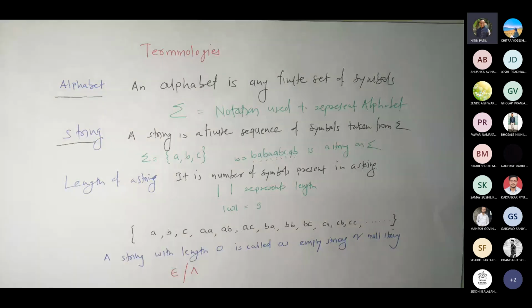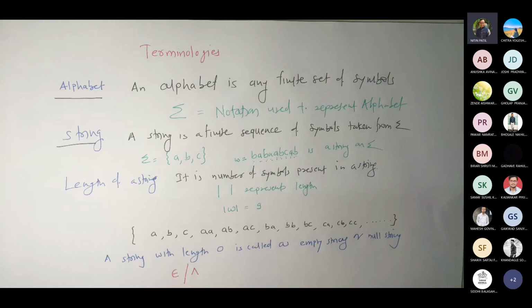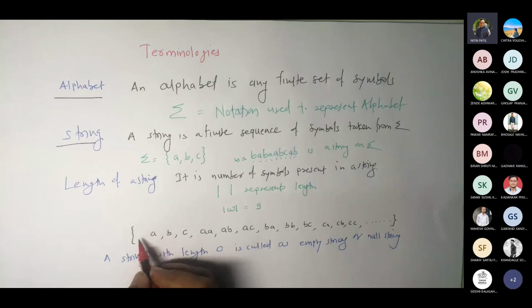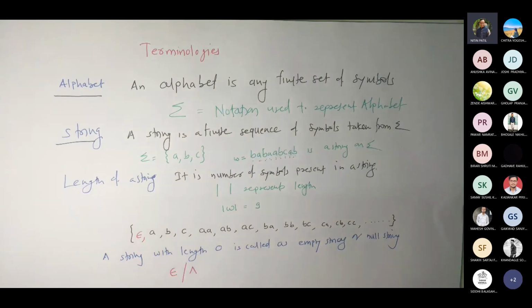So if at all it is the case in respect of all these aspects, how do I add it here as a representation? I definitely will add a symbol like this.